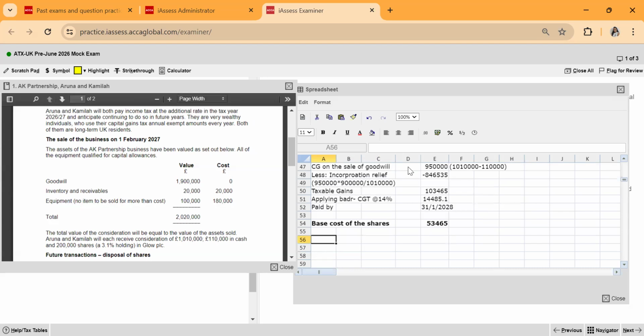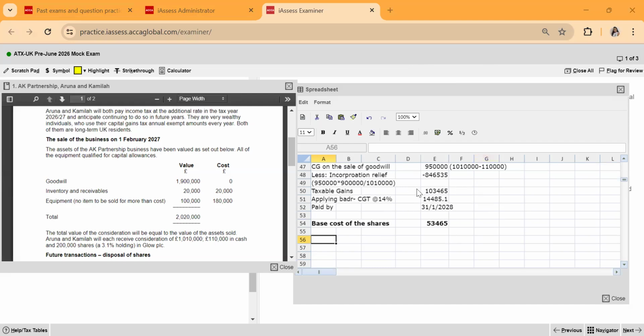There was one more part that was asked in the exhibit. Let's go back to the question. Base cost, where? You have covered CGT? No, right? So when you cover CGT, you will see that when we calculate any relief, we also calculate base cost. Base cost means that when these shares are subsequently sold in the future, you will not reduce their original cost of 900,000. Why?